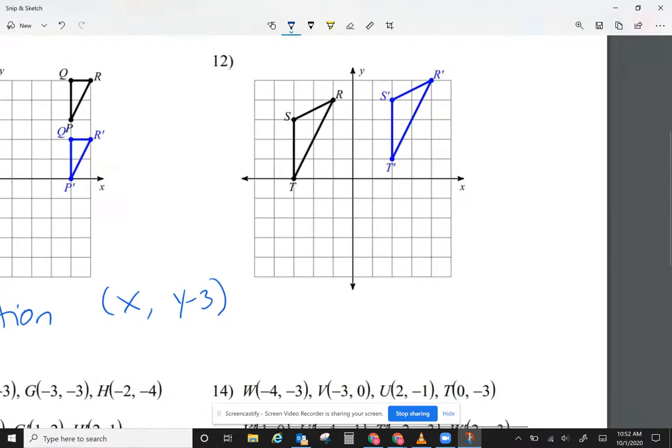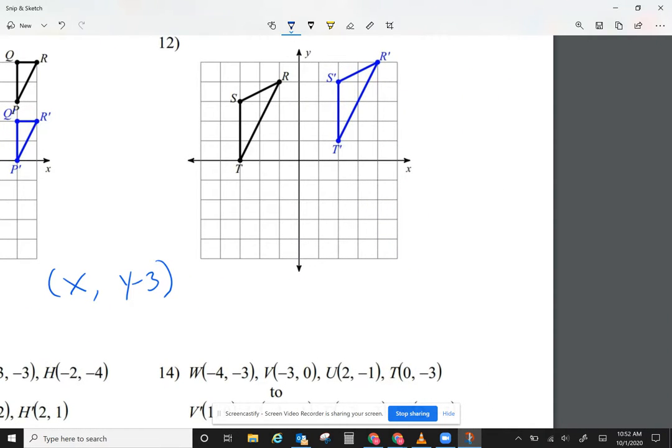Now looking at question number 12. The interesting part of number 12 is I can tell this is translation as well. So let me identify, I'm going to say translation. And if I follow each of my points, so any of my points, as a matter of fact, I should follow all of them.